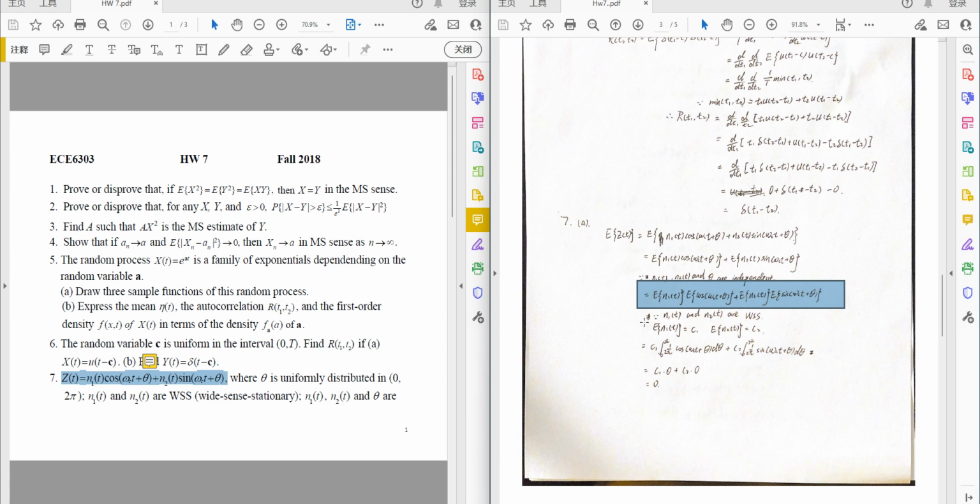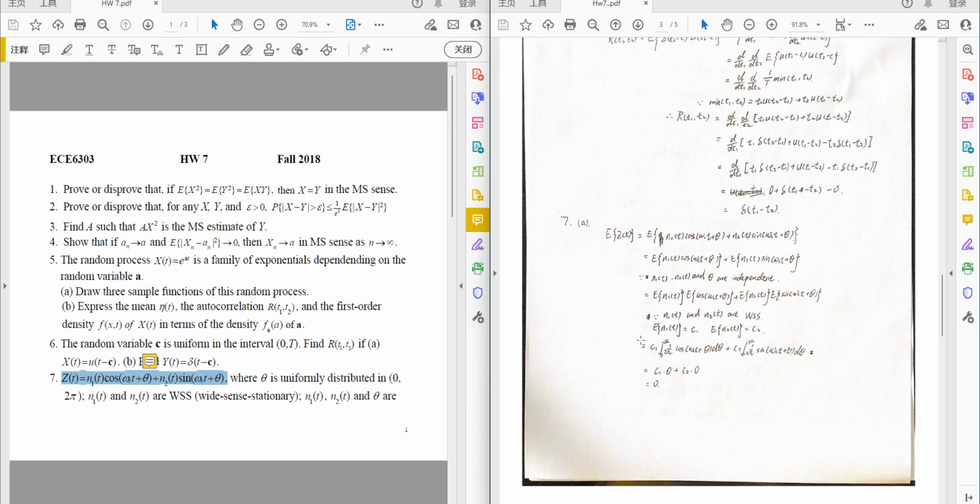Also, because we know N1 and N2 are WSS, we can ensure that the expectations of N1 and N2 are constants. Actually, we don't need to know the actual value of them.